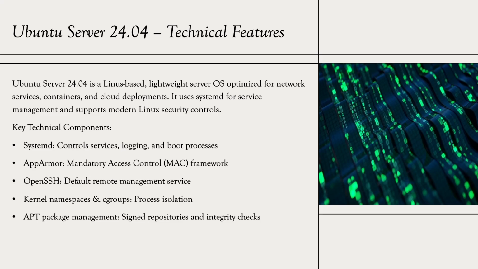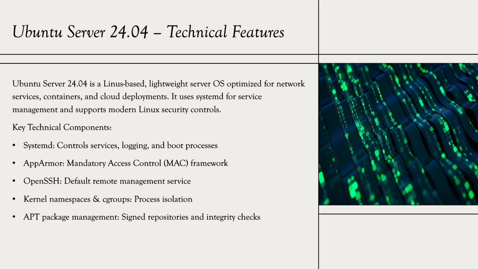Ubuntu Server 24.04 technical features. Ubuntu Server 24.04 is a Linux-based, lightweight operating system optimized for networking, cloud environments, and containers. It uses systemd to manage services and logging, which gives administrators fine-grained control over what runs on the system.